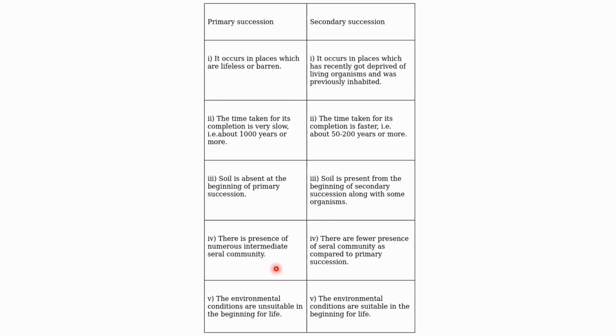Both of these successions ultimately lead to the climax community, which is a mesic community, neither completely in water nor completely on land. It is a middle community which does not require a very large amount of water or a very large amount of soil, but requires a mixture of both.